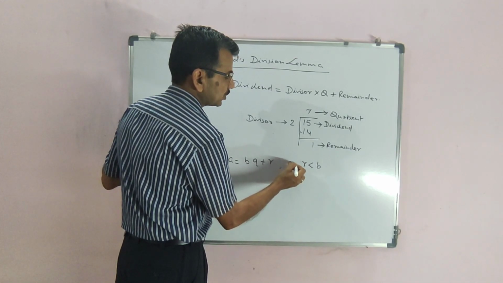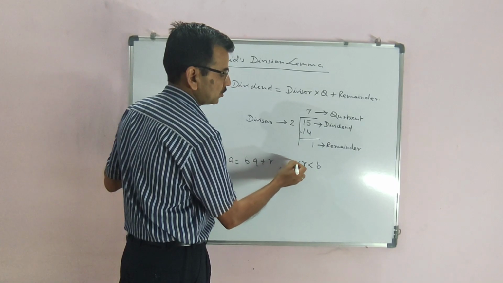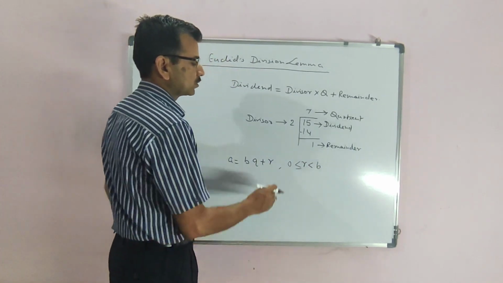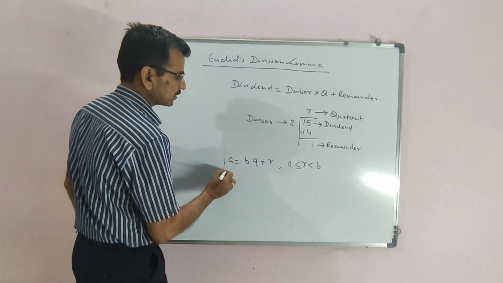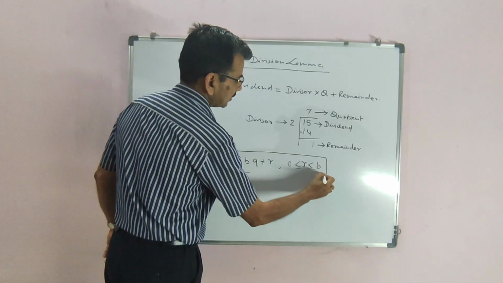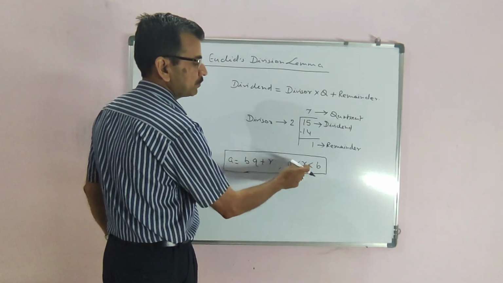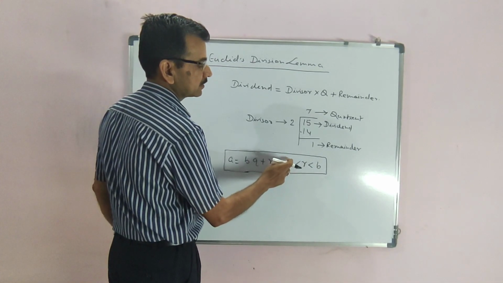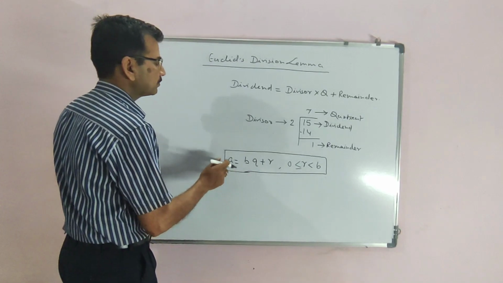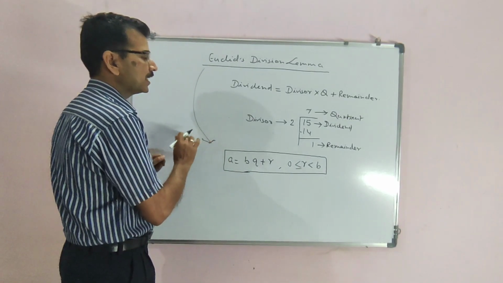So we write here 0 less than or equal to R less than B. So this condition A equals to BQ plus R, where R is less than B but greater than or equal to 0. This is the statement of Euclid division lemma, right? Is it clear to you?